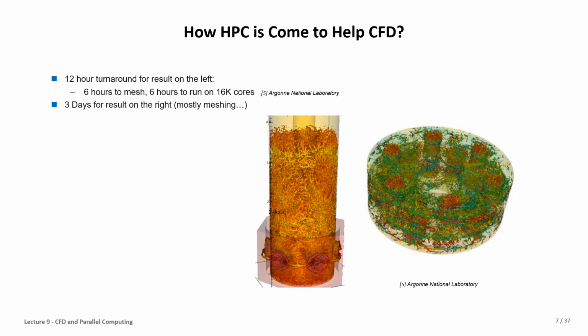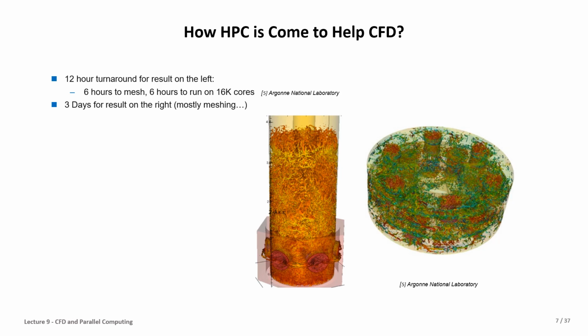Here we have 2 examples from heat exchanger equipment, where this CFD simulation is done on the Mirror supercomputer from Oak Ridge National Laboratory, and this machine was highly ranked a few years ago.